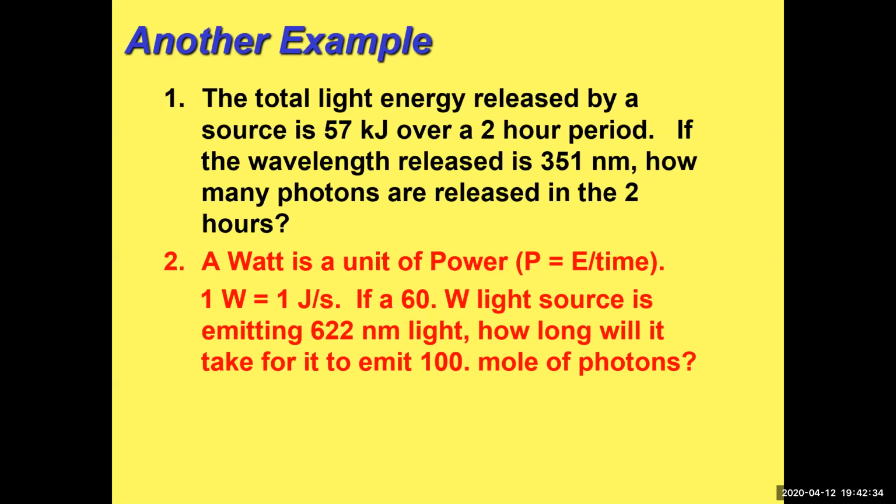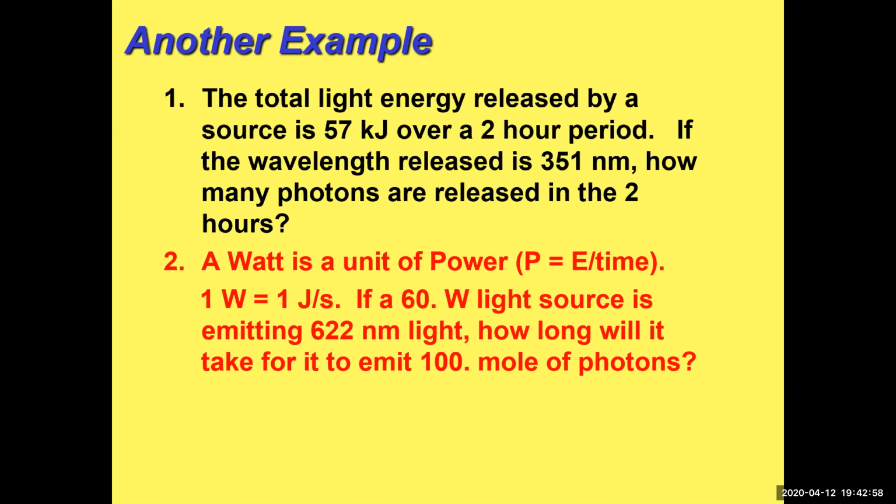So now we're not just looking at the energy that is there, but we're seeing it as a function of time. So if you have a 60 watt light source, labeled 60 watts, and in this case, it's emitting only 1 wavelength of light. So it's not a white light like a light bulb in your lamp in your room. It's only red light because it's 622 nanometers.